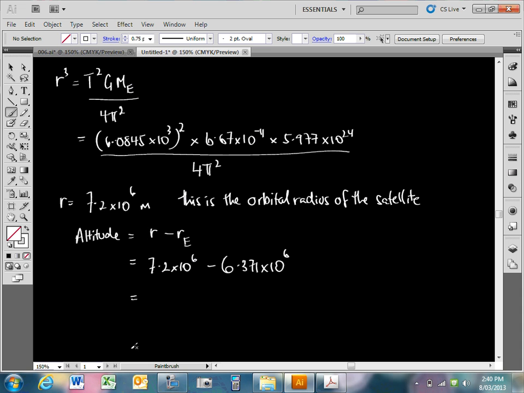Yeah, that's right. The Earth kind of bulges at the equator because of its massive spin. So this is the polar measurement, and 6378 is the equatorial measurement.